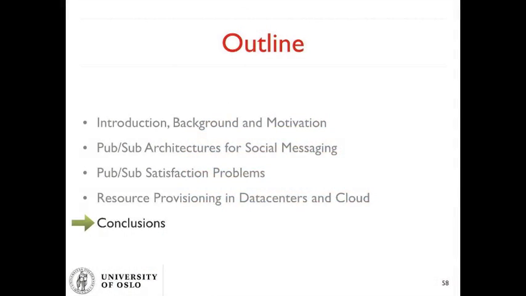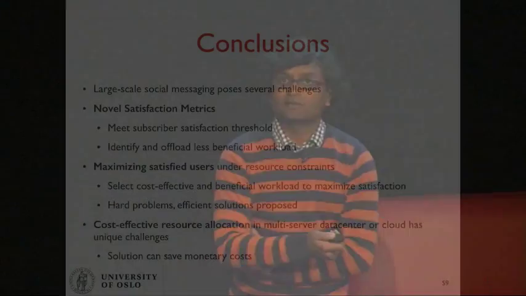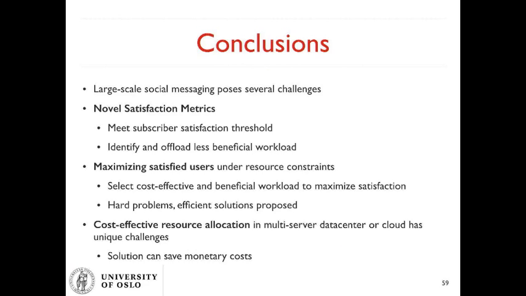I'll skip the main results and jump to the conclusions. In this work, we looked into pub-sub systems for large-scale social messaging and the various challenges they pose. We looked into novel satisfaction metrics to address the scale.